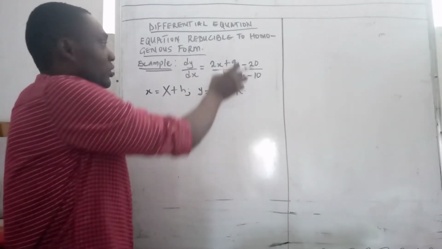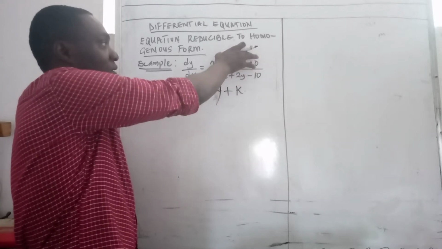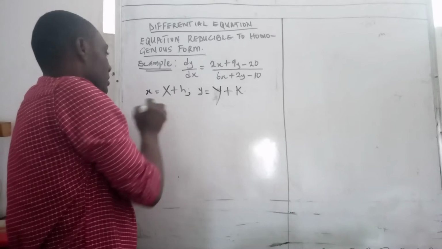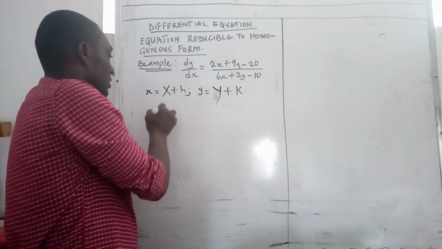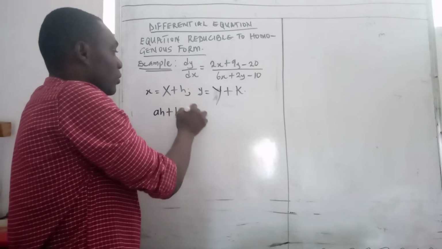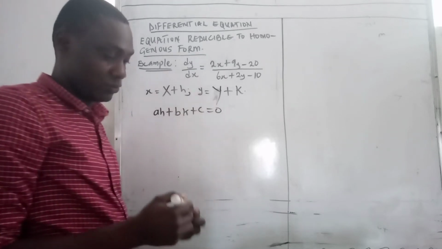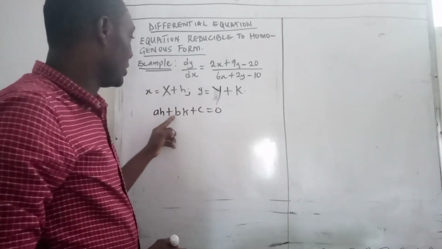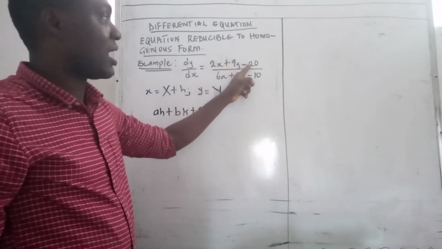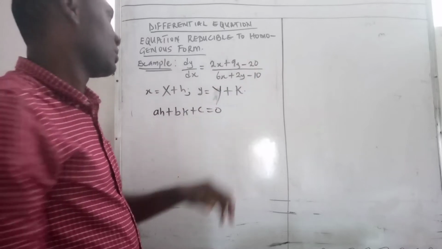We are going to do this for the numerator. For the numerator, we are going to have ah plus bk plus c equals 0. a, b, and c are just the constants here, 2, 9, and minus 20.